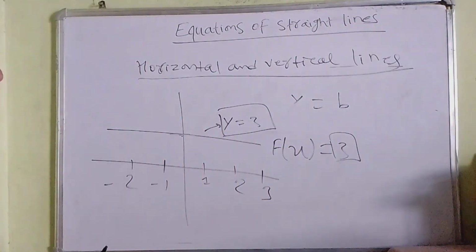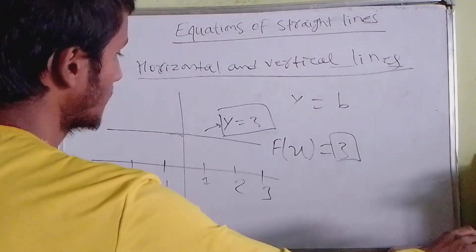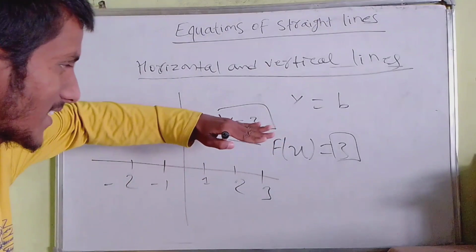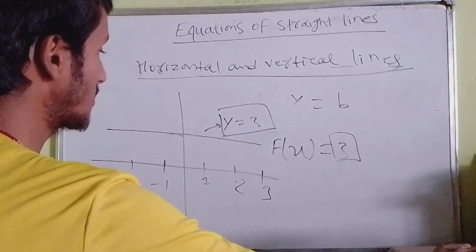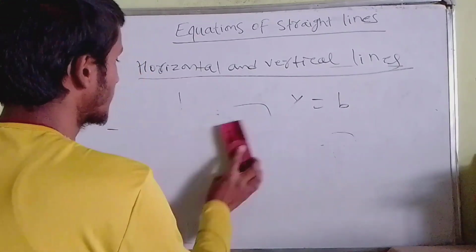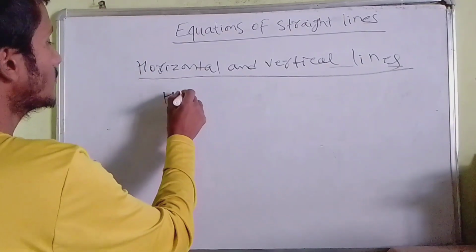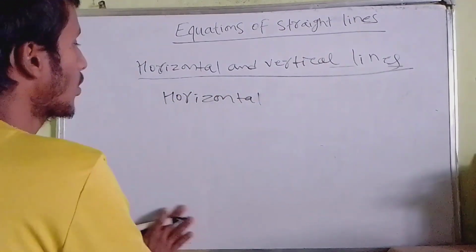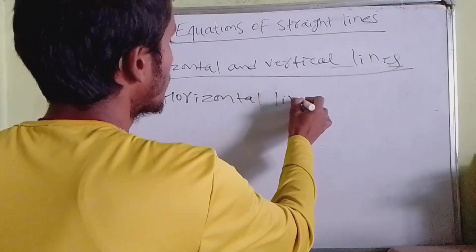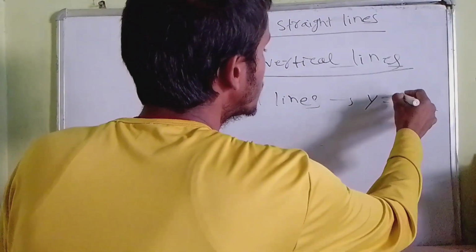The constant in this case was 3, so it's y is equal to b if you have a horizontal line. It's parallel to the x-axis, so it's going to be y is equal to b. Remember that. For horizontal lines, the equation will be y is equal to b.